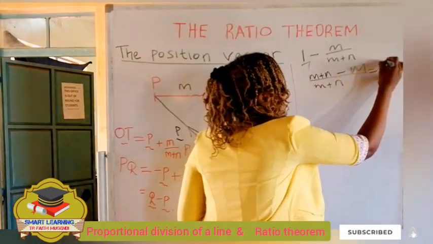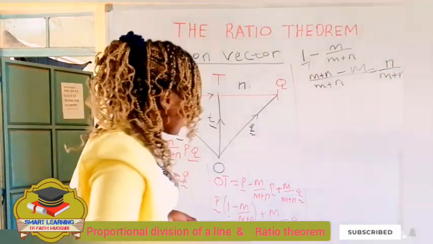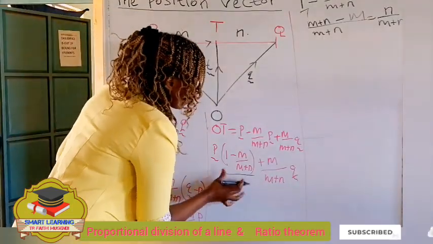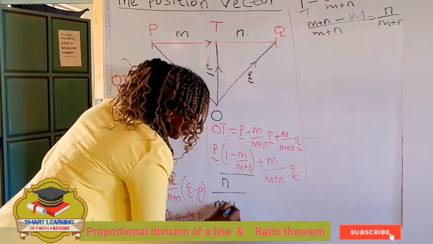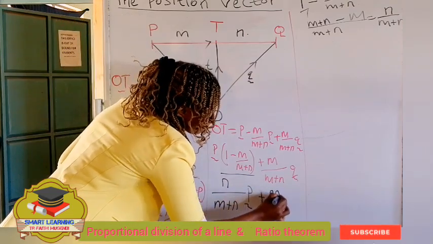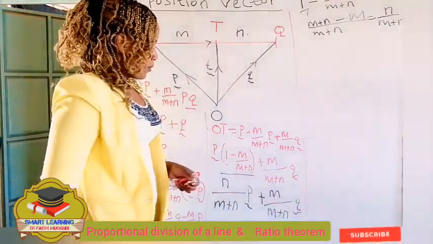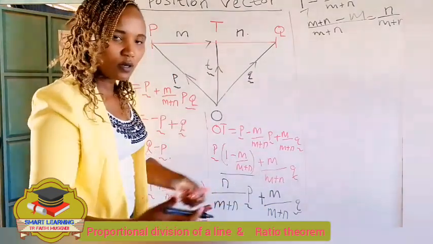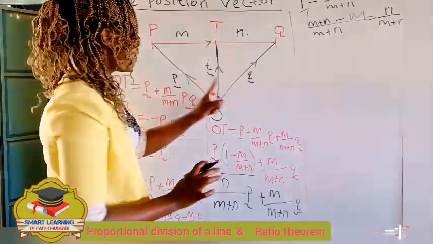So we shall have n over m plus n. Brilliant. Now let's substitute that here. So we shall have n over m plus n P that we factored out, plus m over m plus n Q. This is expressing a general case, OT, in terms of P and Q.